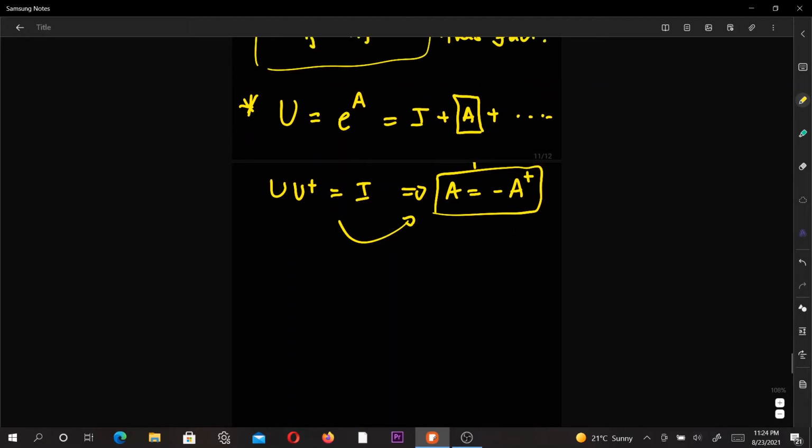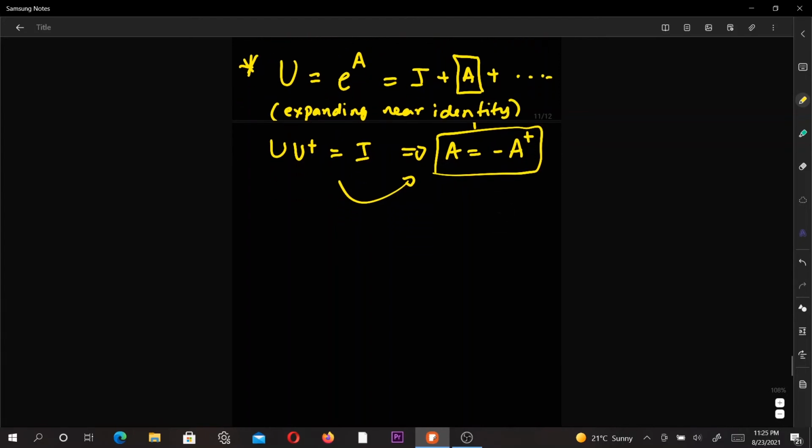Another thing about the expansion is that it is sometimes called expanding near identity, or for some of you who might be familiar, this is just the Lie algebra, in a more fancy term. So this is the fact that you can expand a unitary matrix U in terms of another matrix A which satisfies this criteria.